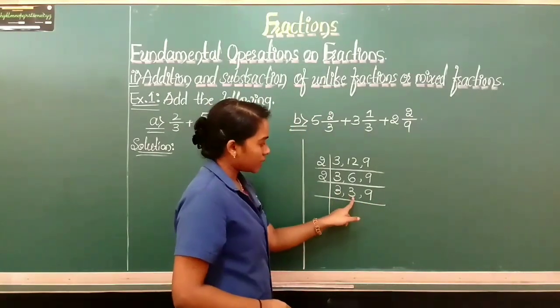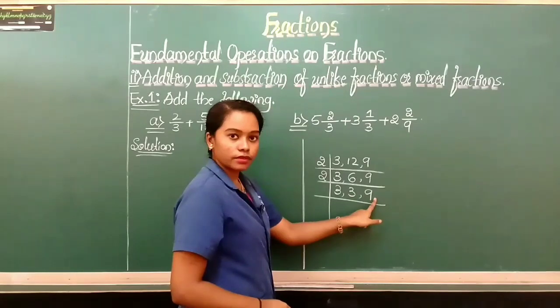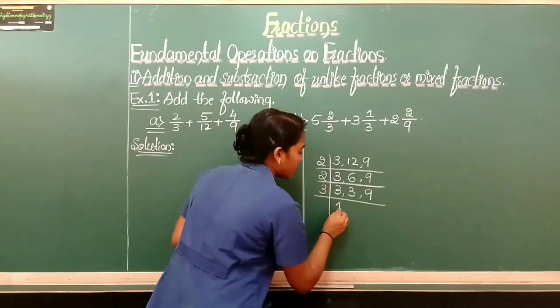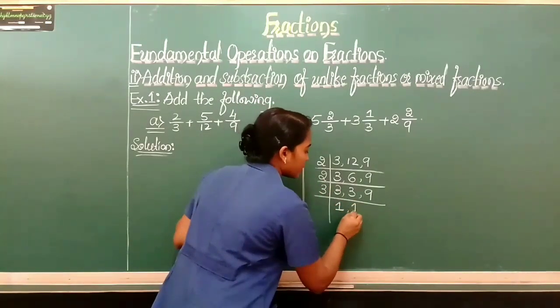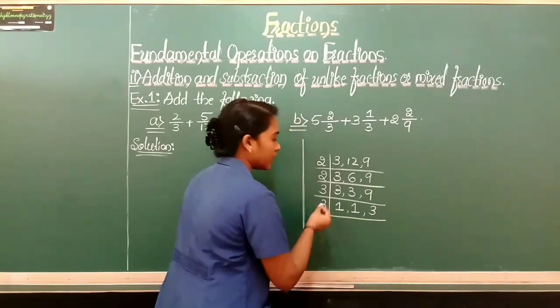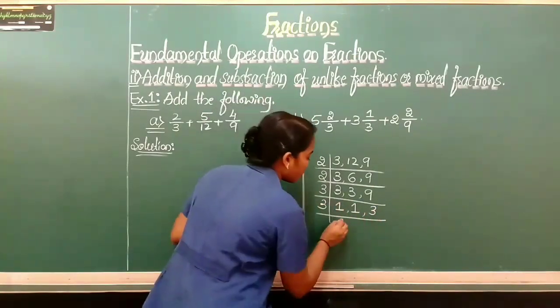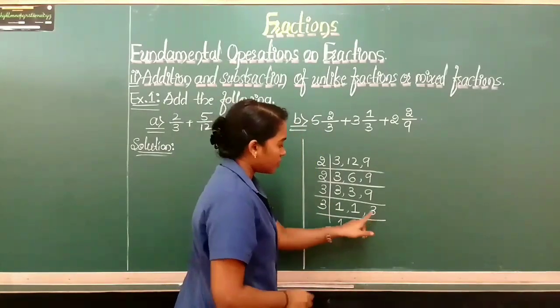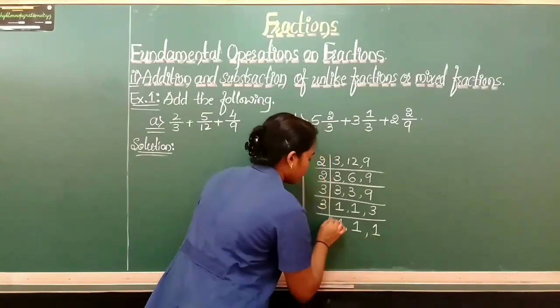See here, 3, 3, 9 we have. Which number do we take to divide them? 3. 3 ones are 3, 3 ones are 3, 3 threes are 9. Again take 3 to divide this 3. This one and 1. 3 ones are 3.